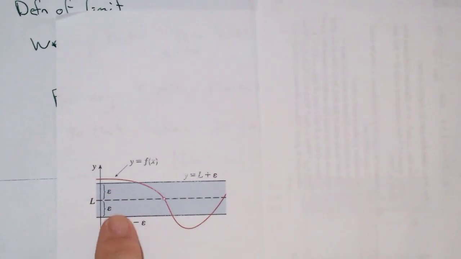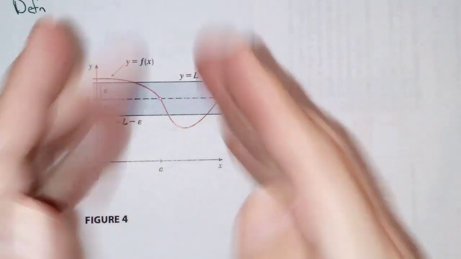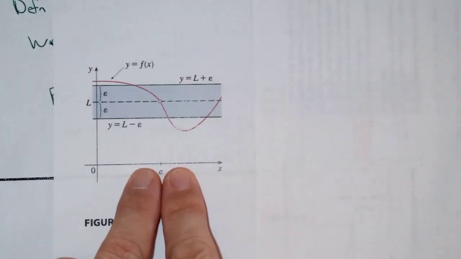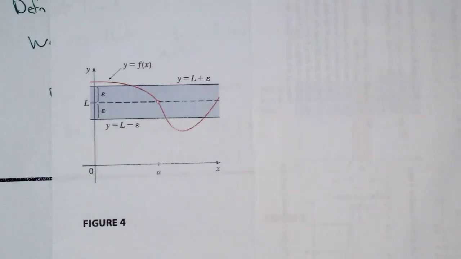And so we have an epsilon up and an epsilon down. And I need to make sure that I can get close enough to this spot to guarantee that if I use an X close enough down here, I'm going to be inside this little blue stripe.